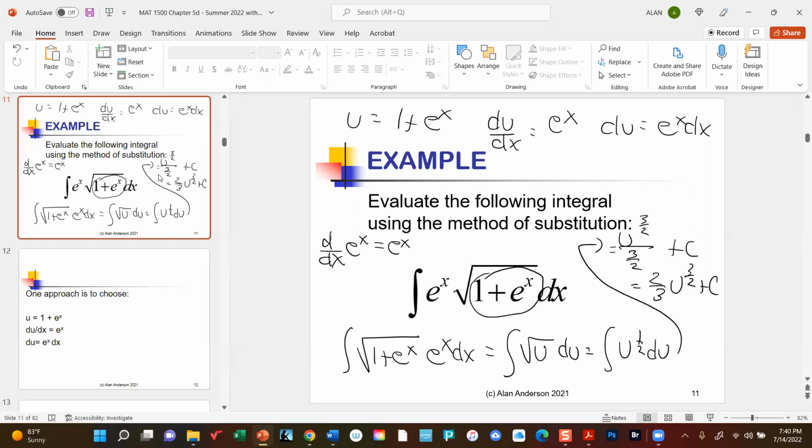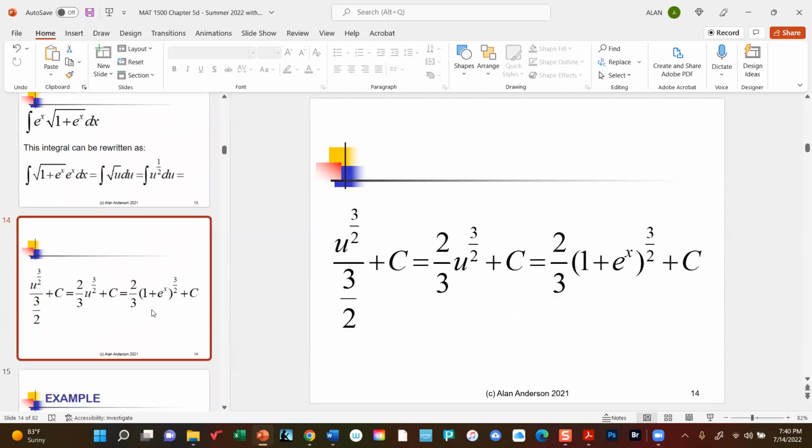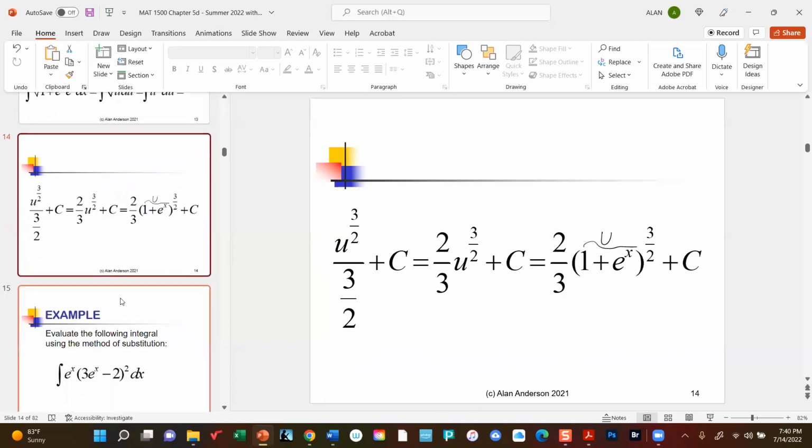Then we just need to plug in 1 plus e to the x to the 3/2 power, times 2/3, and we're all set. So anyway, let me just scroll down here. It's typed out much more neatly. Here we had u to the 3/2 over 3/2 plus c is 2/3 u to the 3/2. Then we substitute u, and we're all set. And again, we could prove it.